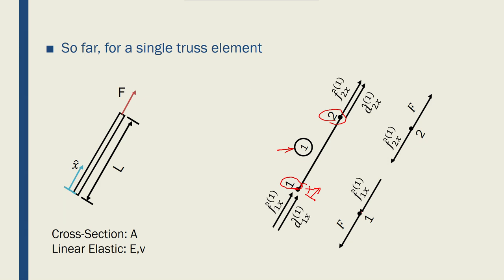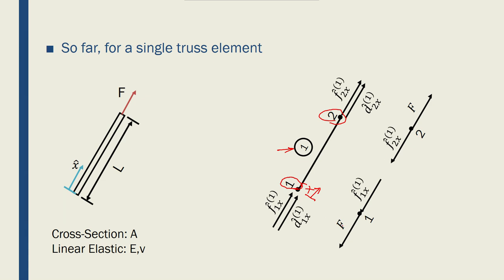And then we drew the free body diagrams of the nodes separately. So we said that the local nodal forces are always in the opposite direction of what they are in the free body diagram of the element. So because here they were in the positive direction, in the free body diagrams of the nodes, they are in the negative x direction.